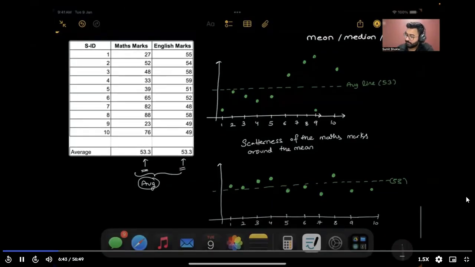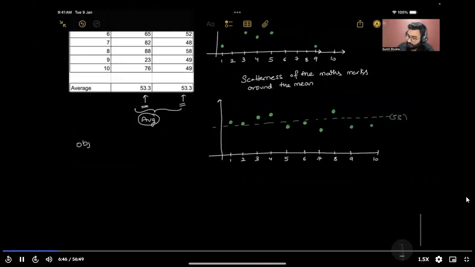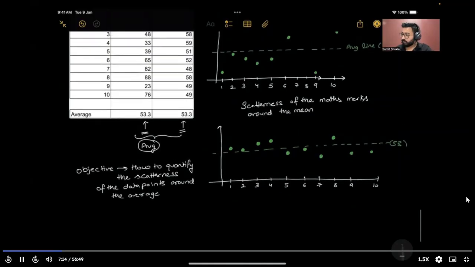So the next objective is how to quantify the scatterness of the data points around the average. This is what I want to do.